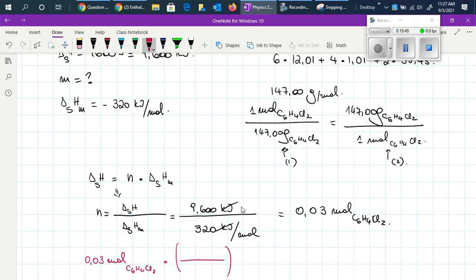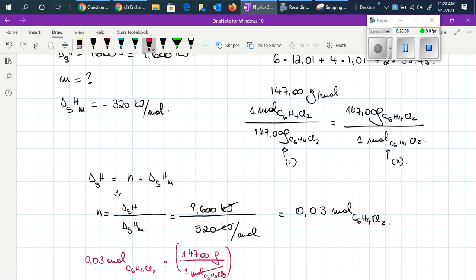So in this case, it will be ratio 2, 1 mole of C6H4Cl2 is 147.0 grams.